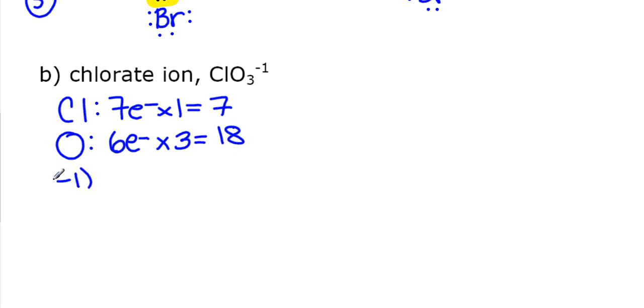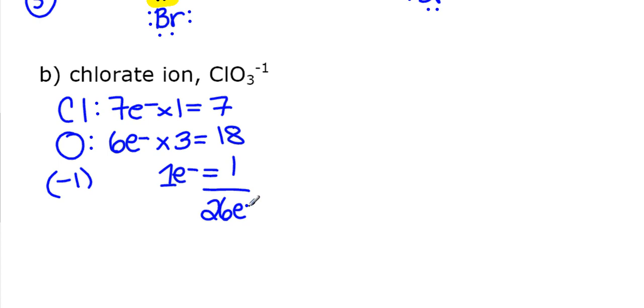Then I have this -1 charge because it's an ion. -1 means 1 extra electron. So if I have a negative charge, I have to add electrons. If I have a positive charge, I take away. Here I'm adding, so 7 plus 18 plus 1 gives me 26 electrons.